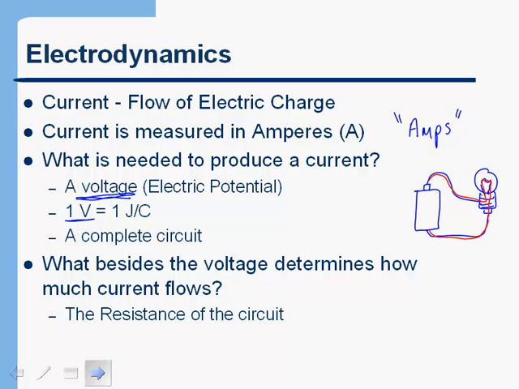And what determines how much current a circuit will have in it is the resistance of the circuit. And resistance just is a property of electric components that tells how easily electricity can pass through them. So an example of that is a good conductor will have very low resistance, and an insulator has a very, very high resistance.